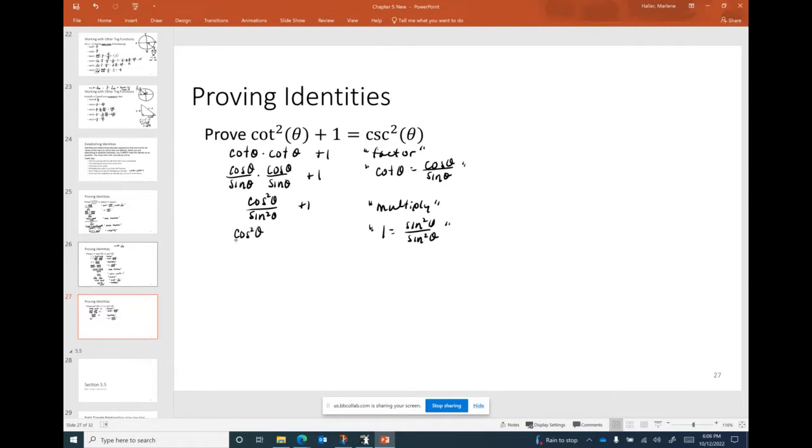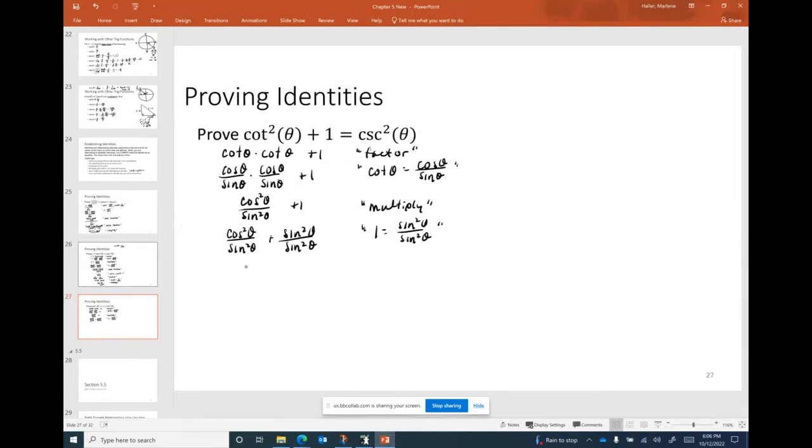So we now have cosine squared theta over sine squared theta plus sine squared theta over sine squared theta, and we can add them. Cosine squared theta plus sine squared theta over sine squared theta. Okay, our justification here, add fractions.